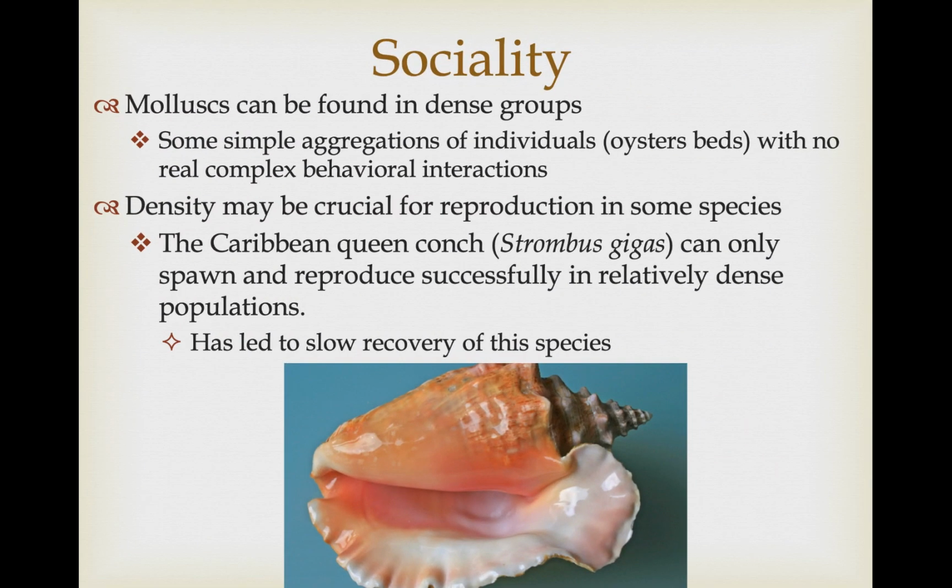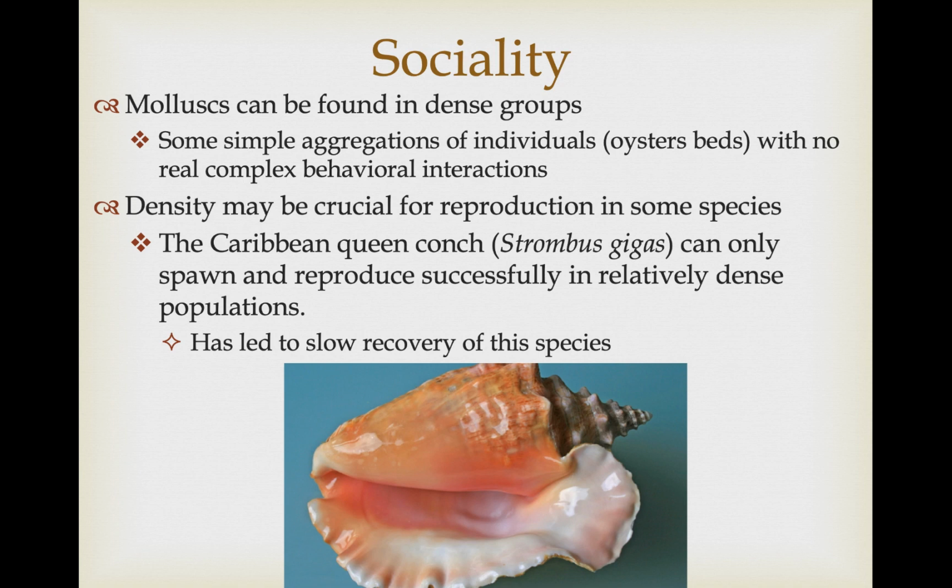Mollusks can be found in really dense groups, but sometimes these are just really simple aggregations of individuals at something like oyster beds, and there's not really any complex behavioral interactions, no true social system going on. But in some species, at least a dense aggregation may be needed for successful reproduction.